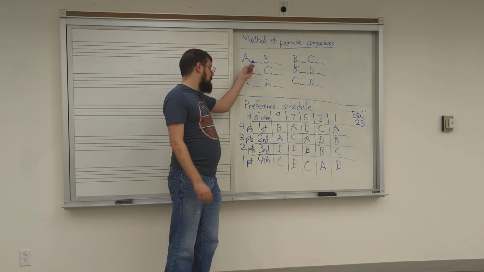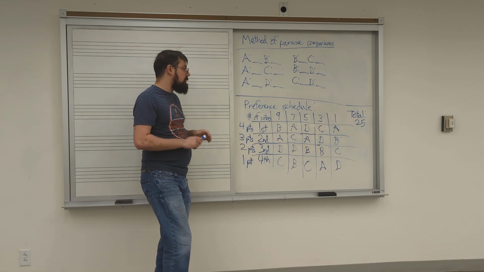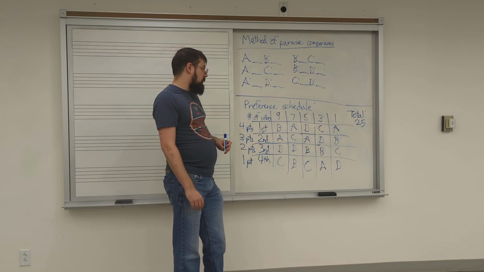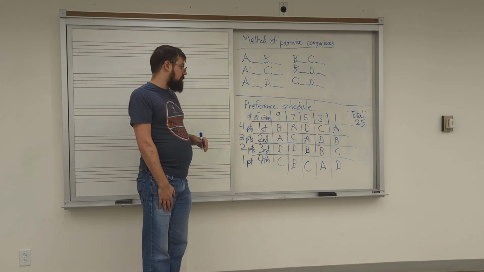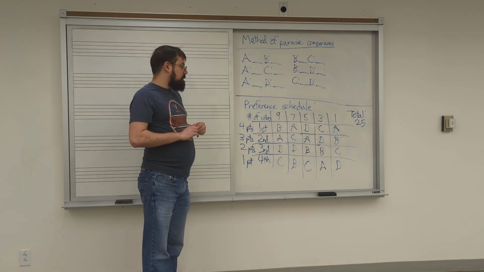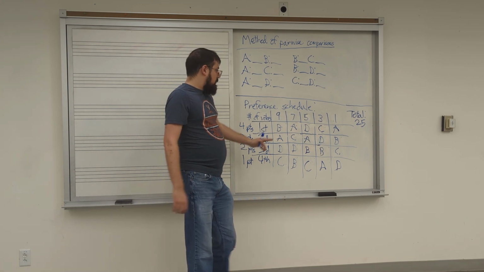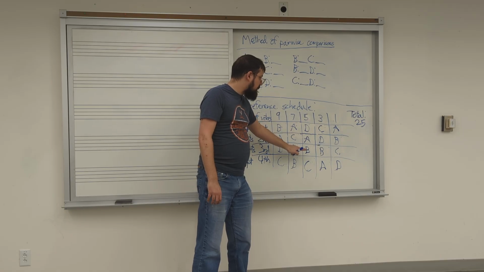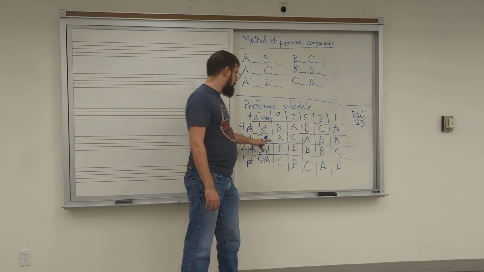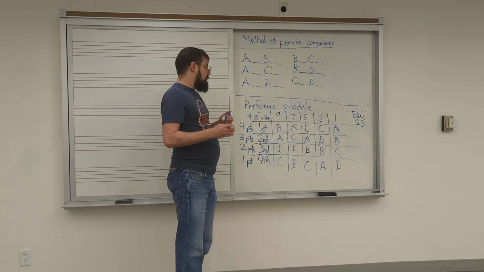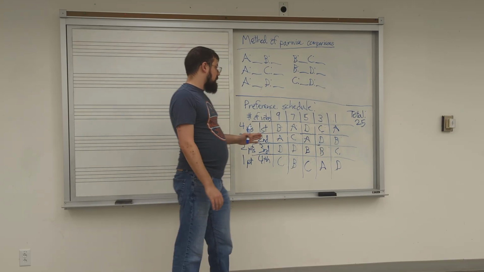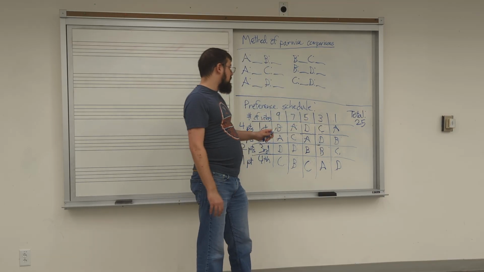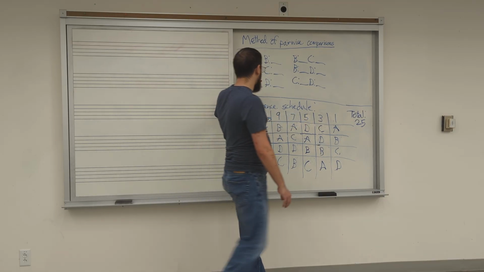So we'll start with A and B. What we're going to do is look at our preference schedule and figure out in which of these columns A is ranked higher than B and in which of them B is ranked higher than A. So as you can see, this column has A above B, this column has A above B, this column has A above B, these other two have B above A. So between these columns that have A above B, we've got 7 plus 5 plus 1, so that's 13 votes.